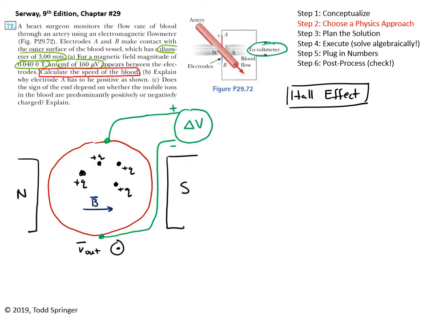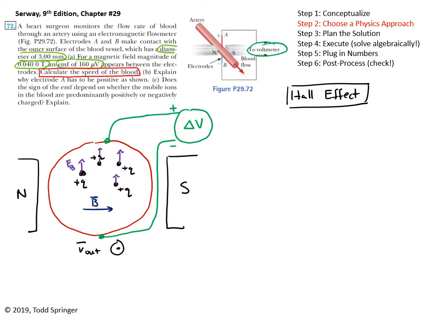Okay, did you make your prediction? If I use the right-hand rule, the fingers of my right hand come in the direction of v, out of the page. I curl my fingers in the direction of B, which is pointing left to right. I get a force which points upward. So you should see that these particles will experience a magnetic force upwards, F_B.